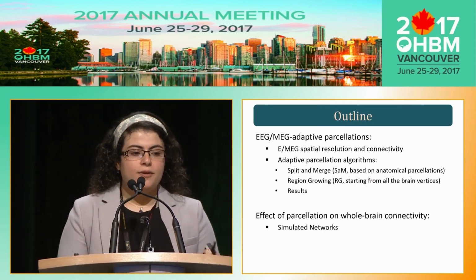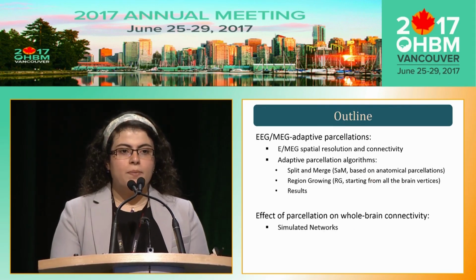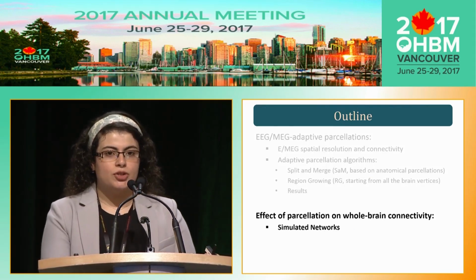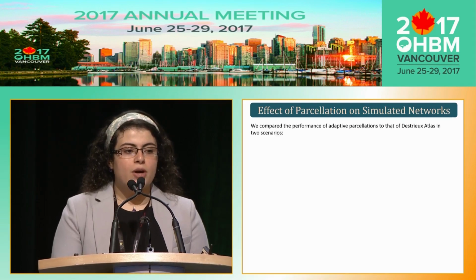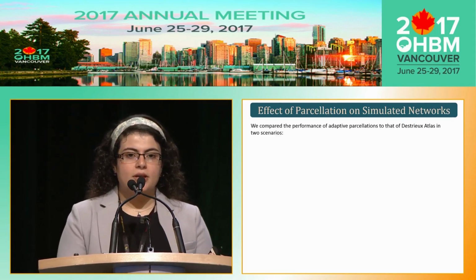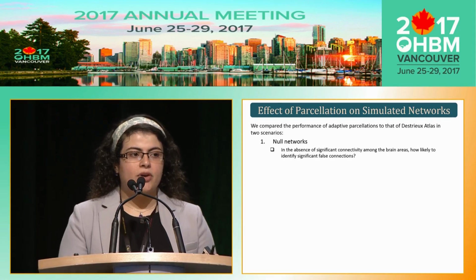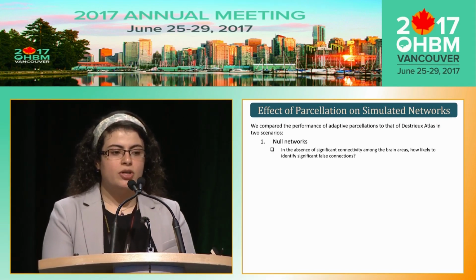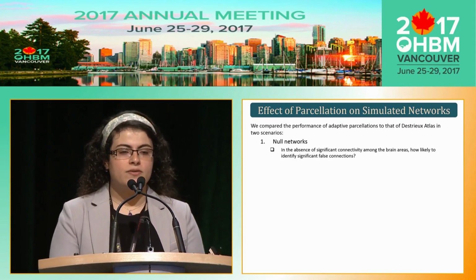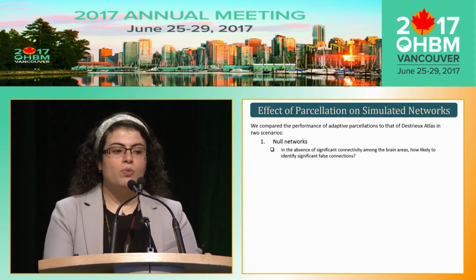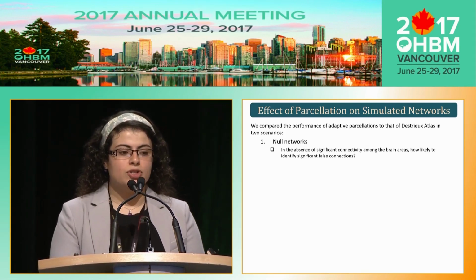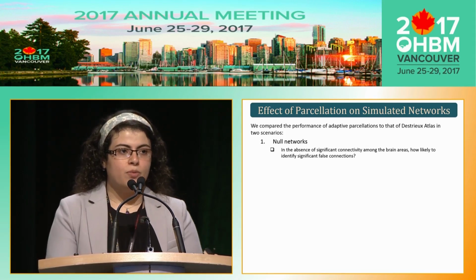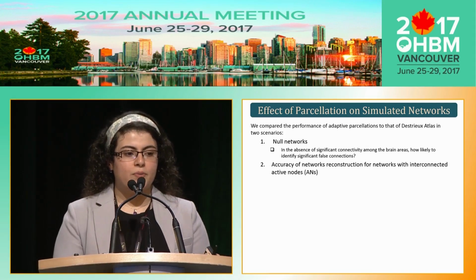Right, so in theory it seems that it works, but what happens if we apply these parcellations to simulated networks and compare them to the anatomical parcellation? We looked at the performance in two different scenarios. The first scenario, we looked at null networks where we didn't have any true connectivity in the brain, and we wanted to see how many false leakage-induced connections are going to be found with each of the anatomical and modified parcellations.